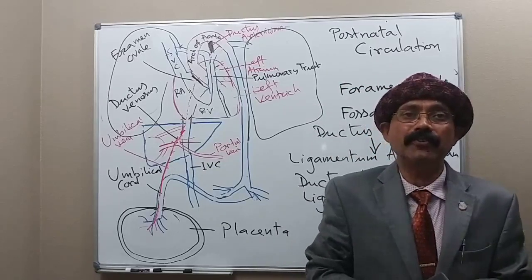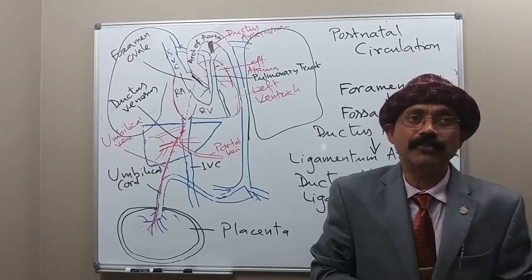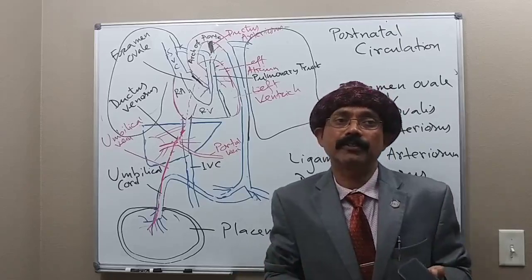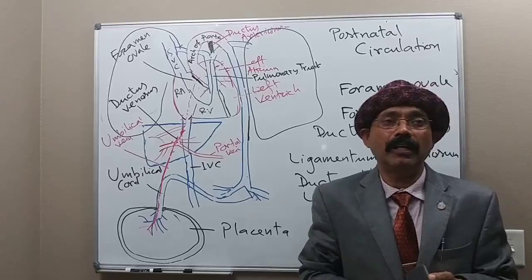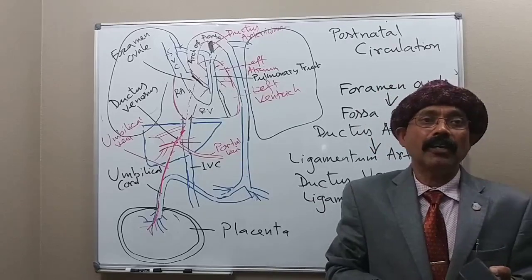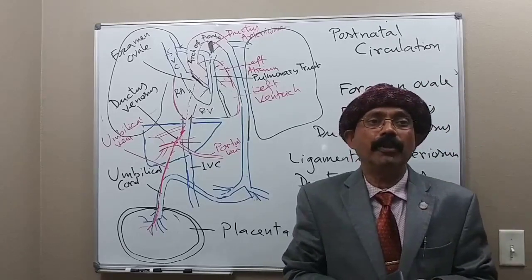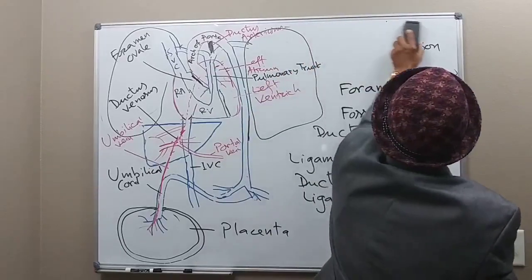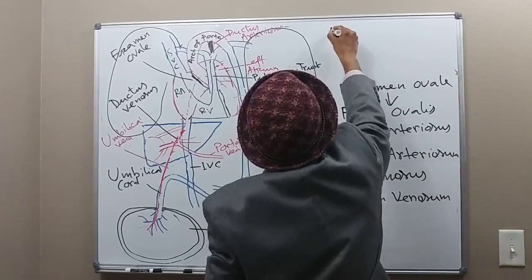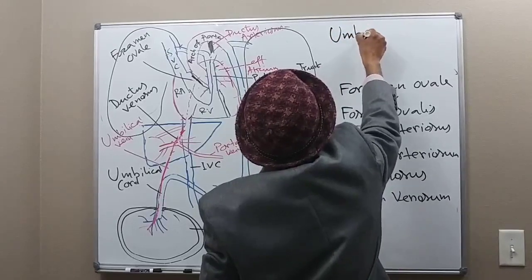The pulmonary and systemic circulation are now separate. As the infant is separated from the placenta, the umbilical arteries occlude, except the proximal part of the umbilical artery. So what will happen to the umbilical arteries?